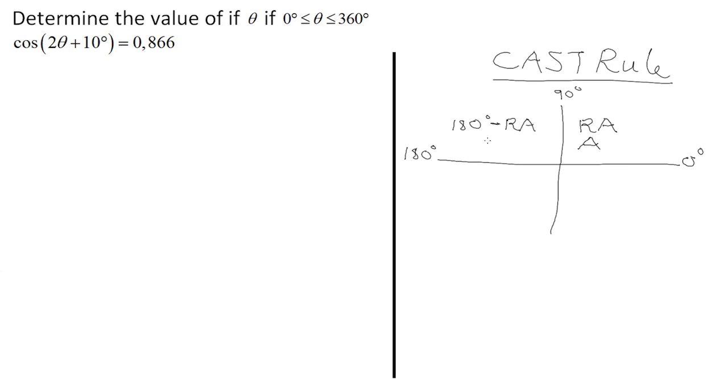In this instance, sine and its reciprocal are positive. Then we move to the third quadrant, which is between 180 and 270 degrees. This is your third quadrant, and the value here, we all can see, is greater than 180.